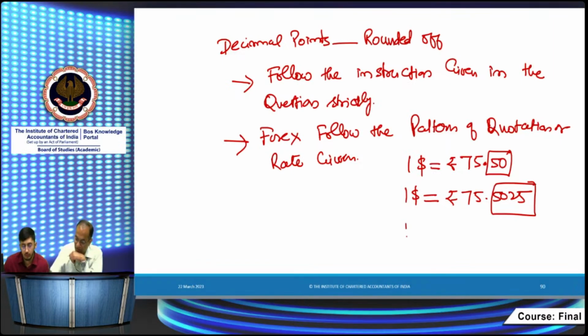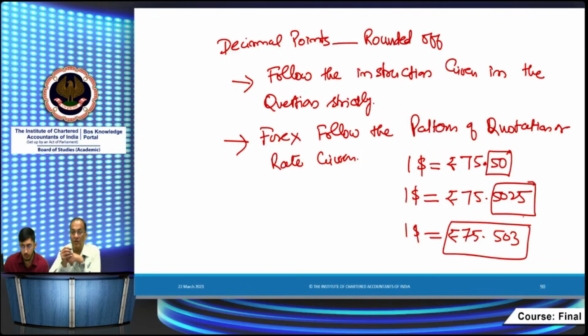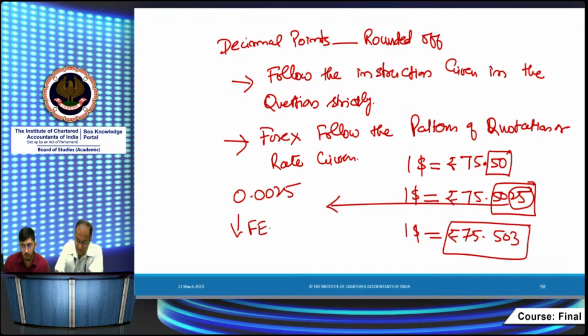Okay, now if it has been given like that, which is normally rarely given, you have to follow this 3 decimal point. Here, when we talk about this point, normally there are multiples of 0.025. This is normally followed in FEDAI guidelines.